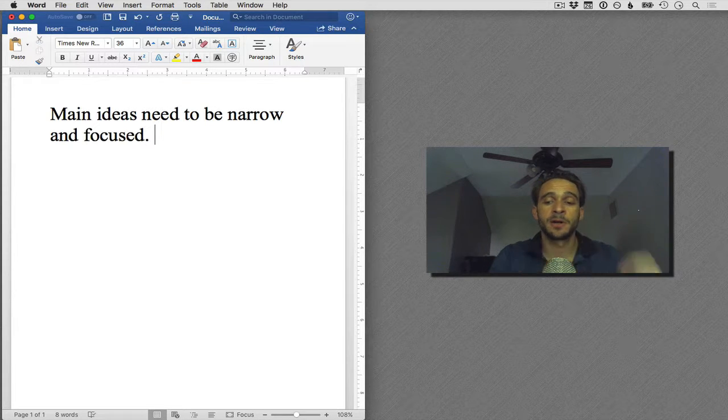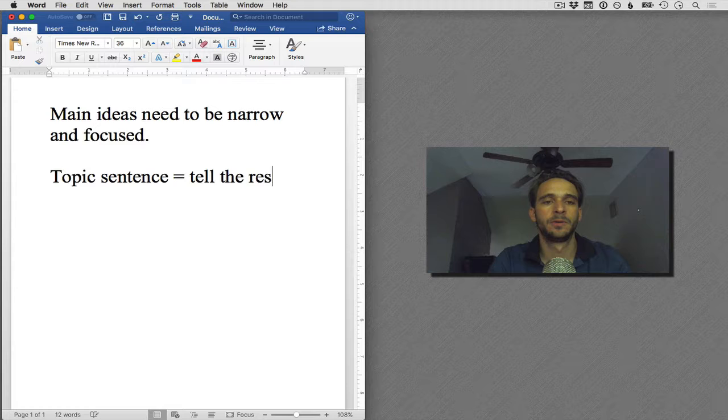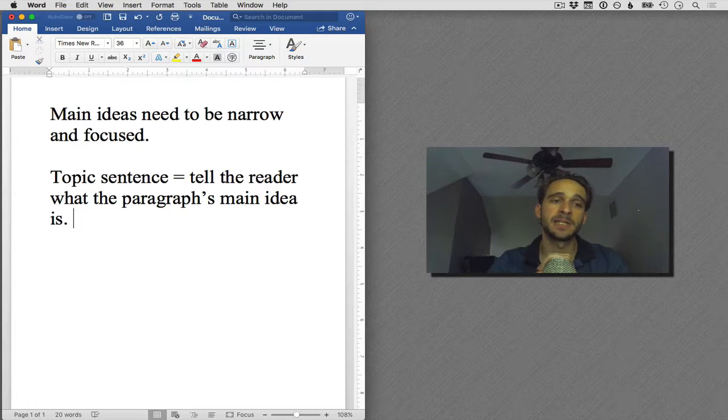So you should start, right? A topic sentence should tell the reader what the paragraph's main idea is. And when your topic sentence or your main idea is broad, it becomes difficult to write a focused paragraph.